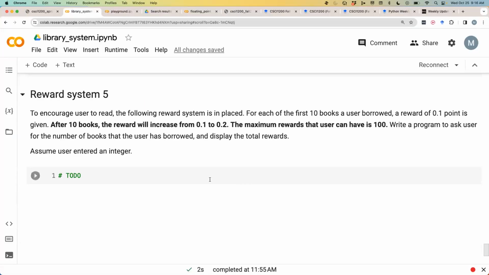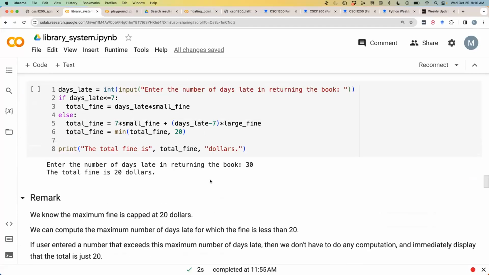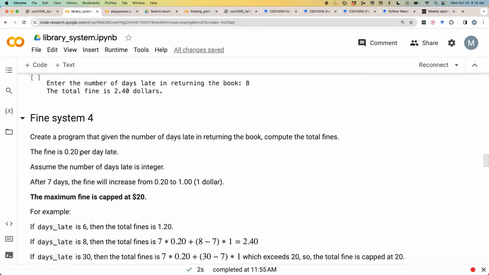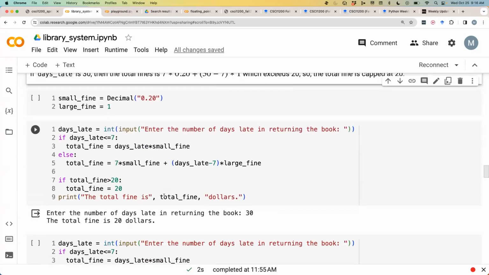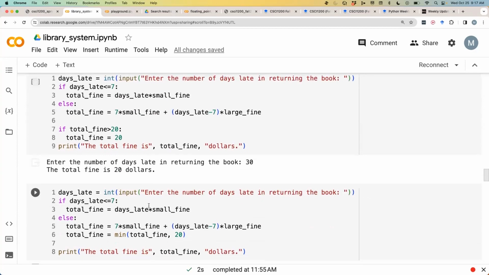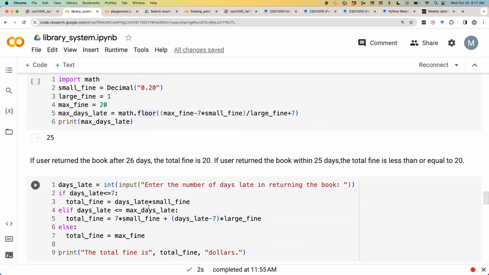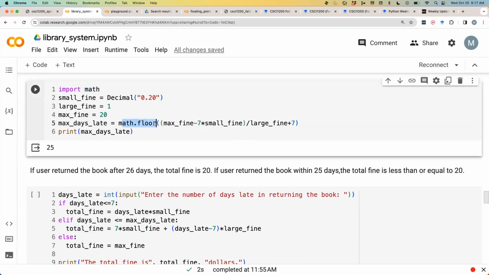So at one point, in the presentations, when I talk about this part here, file system 4, where I say the maximum file is kept at 20, I made a mistake where I used math.ceil here instead of math.floor.